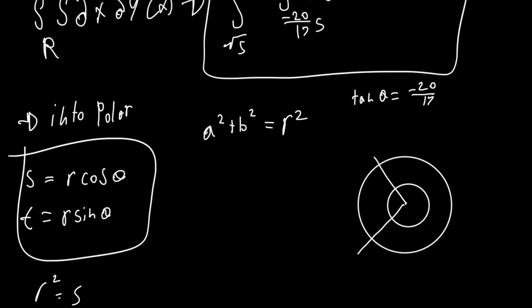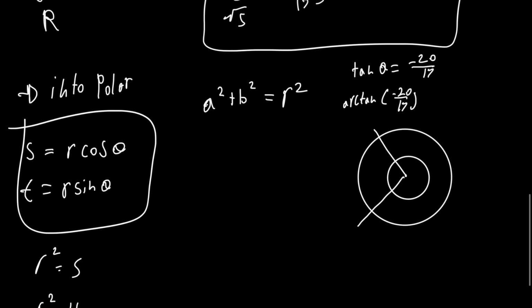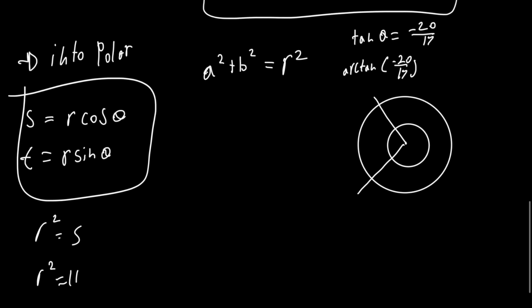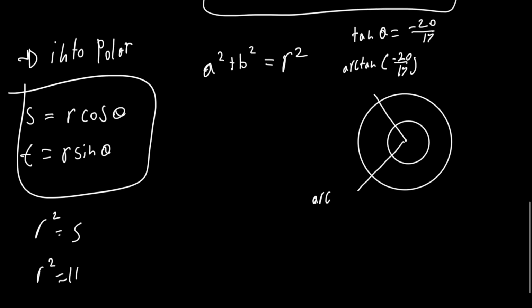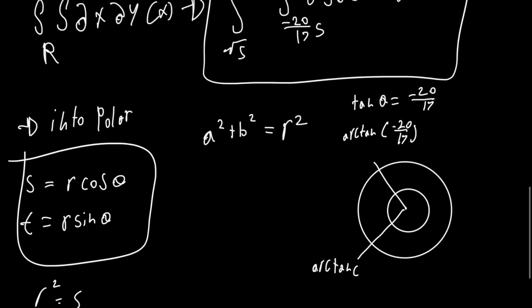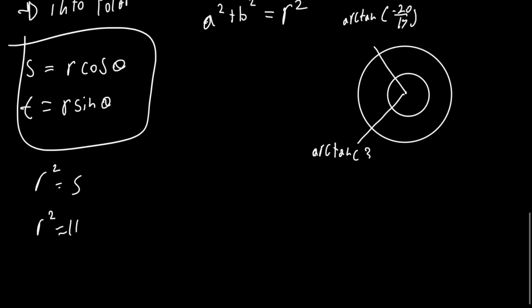And then I want the arctan of this. So arctan of negative 20 over 17 equals theta. And based off what I did from there, I think it's safe to say that I can just write arctan of 30 over 17. Okay, that's good.